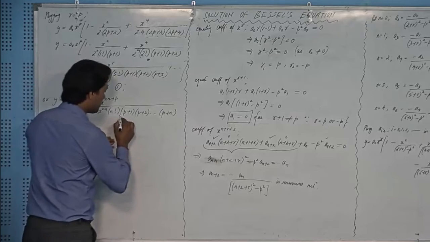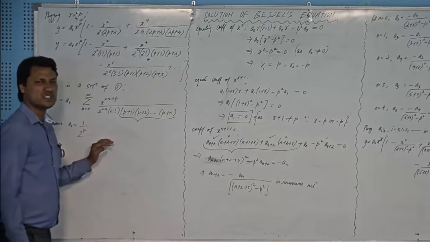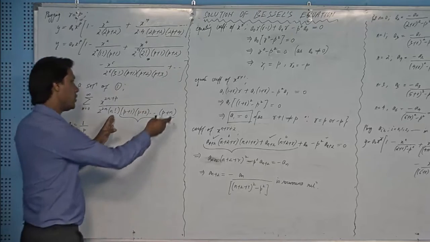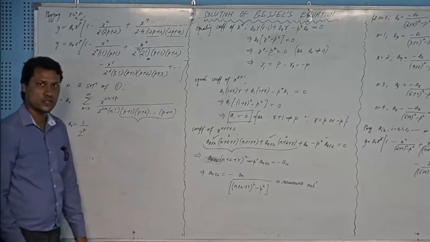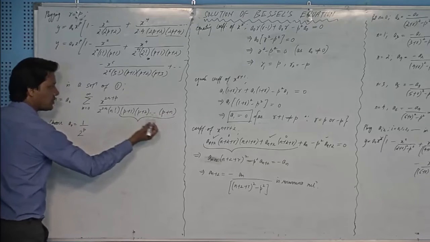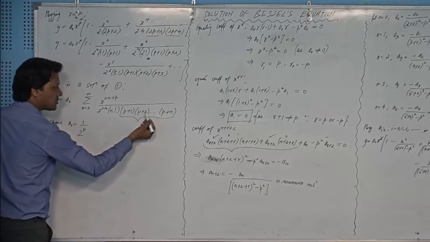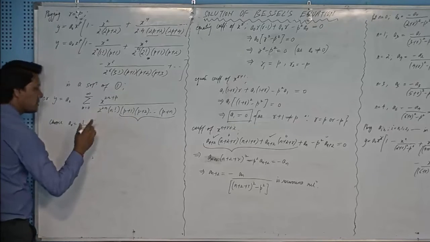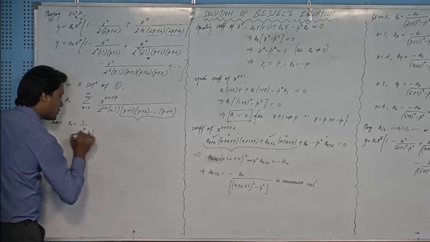You can see there are too many factors, p plus 1, p plus 2, p plus 3 and so on. I want this whole thing in factorial form. If you see it in reverse, p plus n minus 1, p plus 2, p plus 1, and it should go up to 3, 2, 1. So what is missing? The missing thing is p factorial.